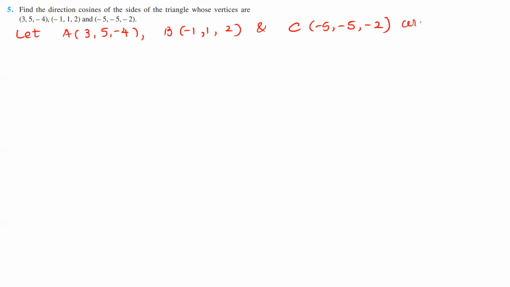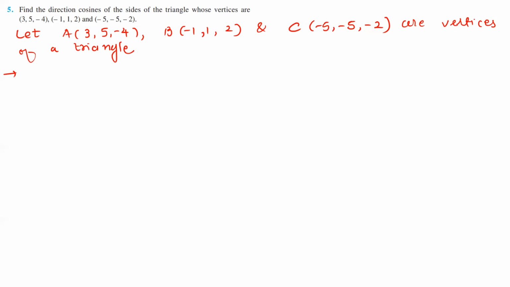These three are the vertices of a triangle. These are vertices, but we can find direction cosines for a line or line segment: AB, BC, CA. We have to find AB, BC, and CA, right?